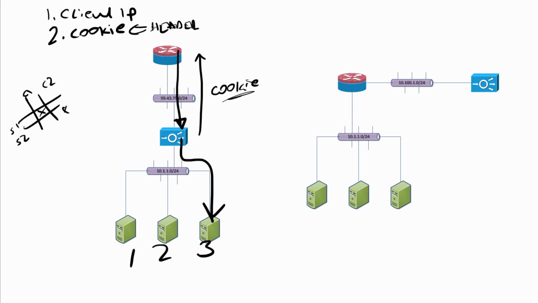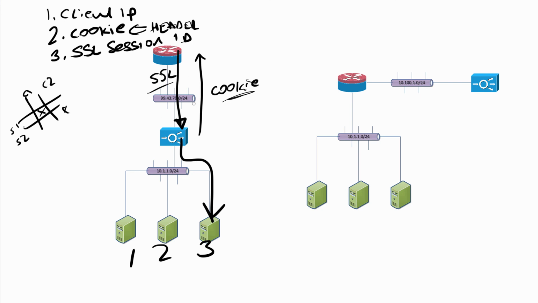The only downside would be if cookies were disabled on the browser, which can obviously be a problem for a lot of reasons. And the last one is SSL session ID. This obviously requires that they're doing SSL. But essentially what it means is that when a user opens up an SSL connection, it's going to assign an ID to that user, and I'm going to store that in my table.